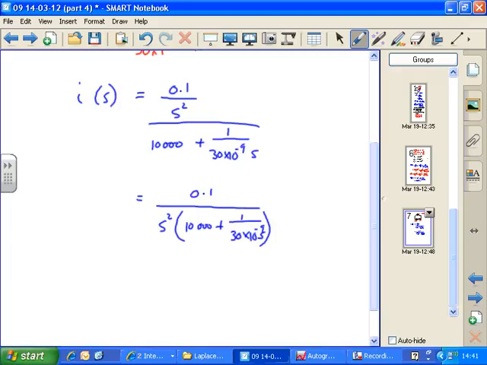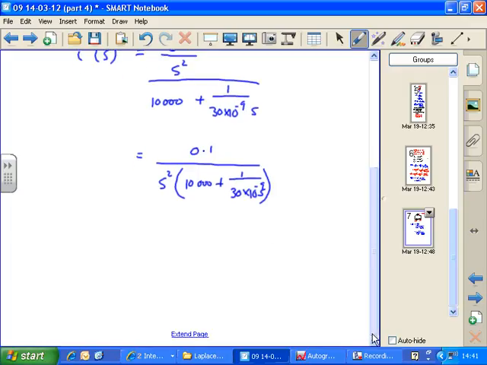So multiplying out the bracket at the bottom, this will give us 0.1 over 10,000 S squared plus S over 30 times 10 to the minus 9.